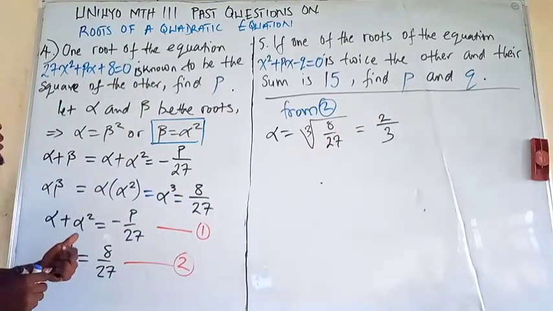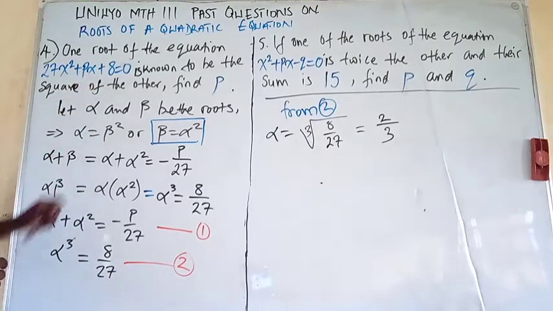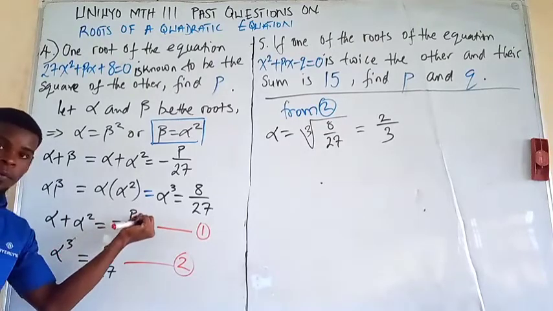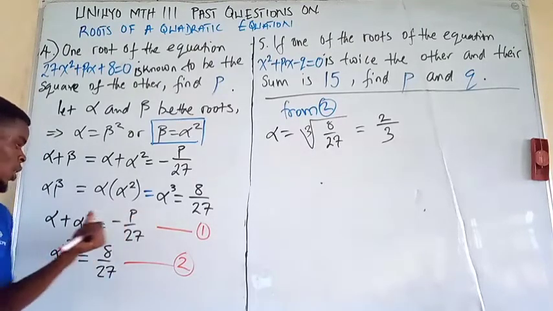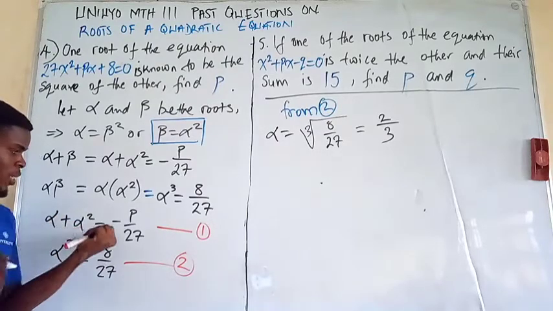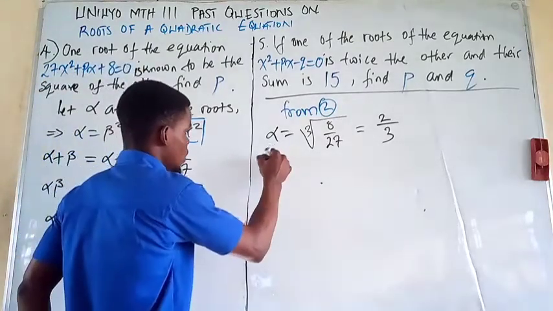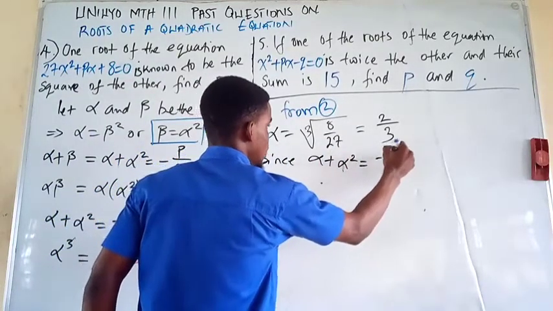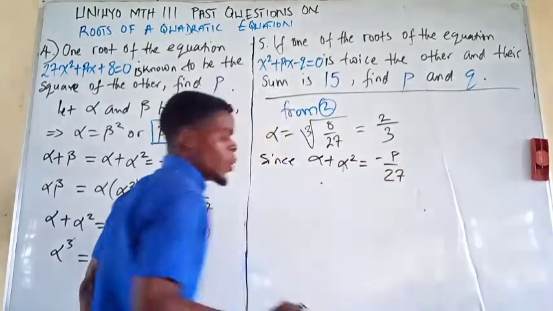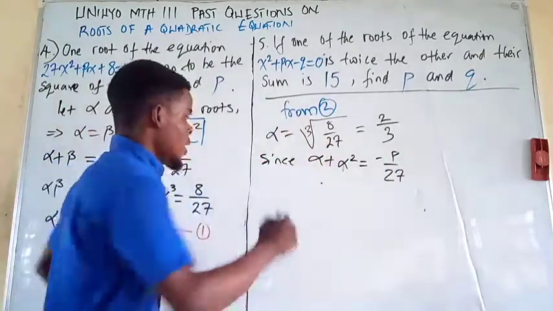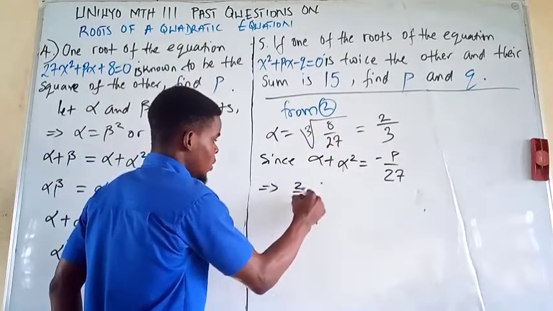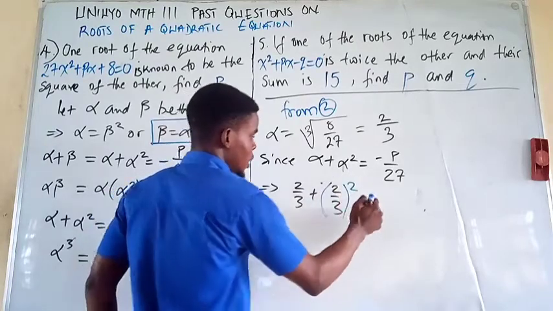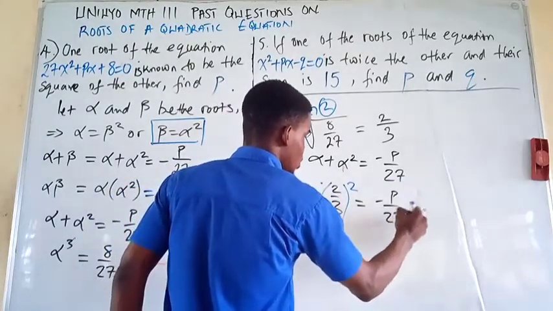So we have to go ahead and find the value of p, which is just the coefficient of x. From equation 1, we have something with p, so we can easily make use of that. Since alpha plus alpha square is negative p over 27, where alpha is 2 over 3, it means that 2 over 3 plus 2 over 3 squared is negative p over 27.